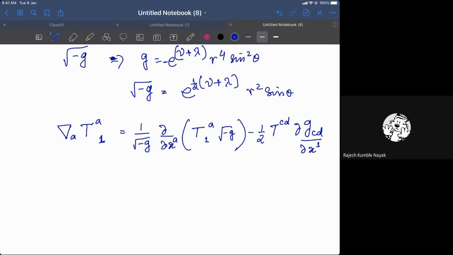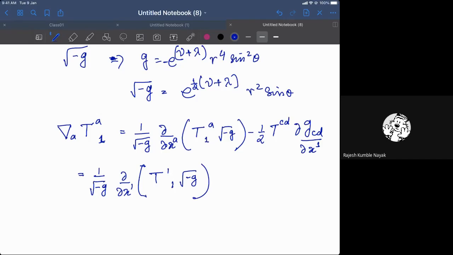Okay, so we have to do this summation. We see that the first term has only one term, which is ∂_{x1} times T^{11}, because T^{ab} is also diagonal, so we retain only one term.